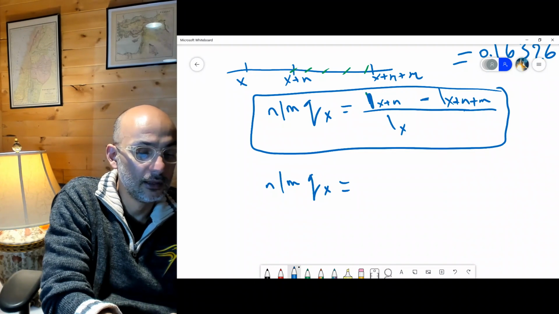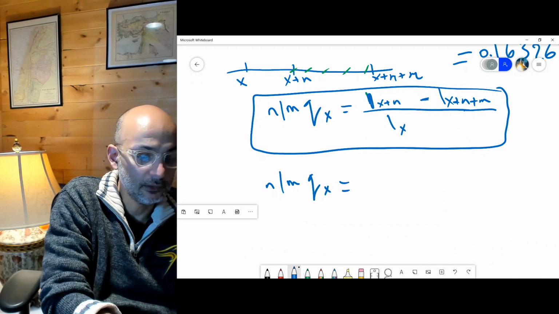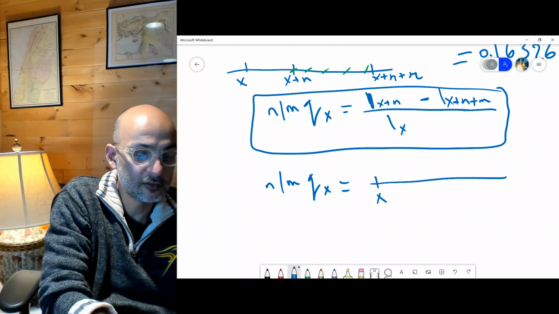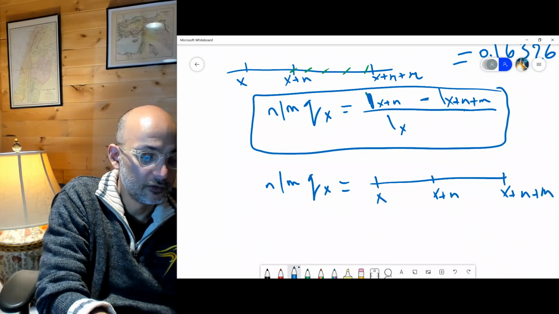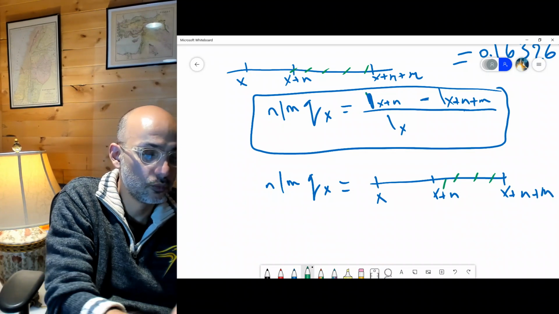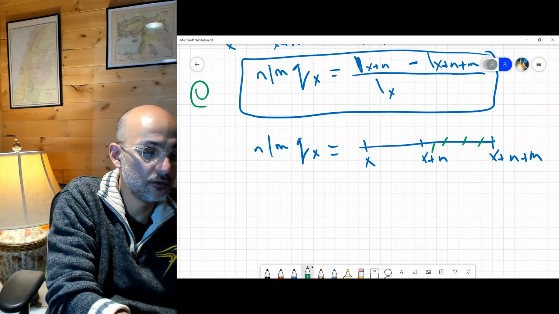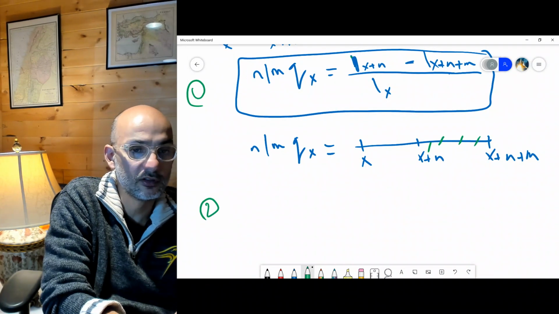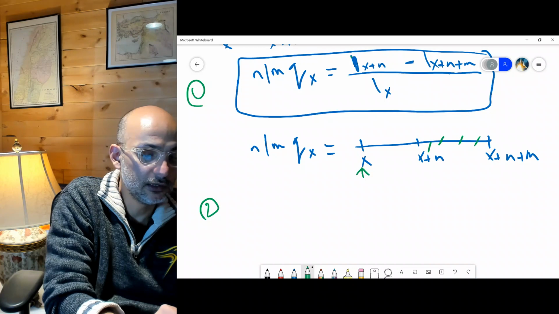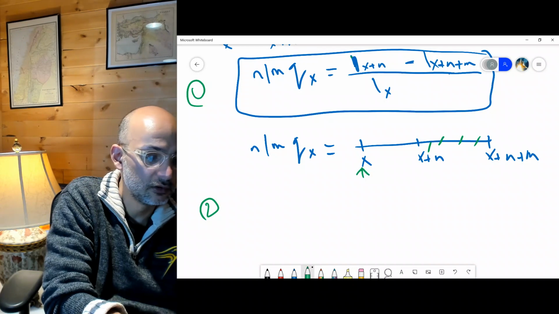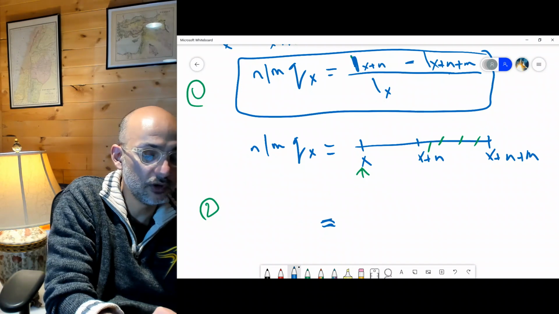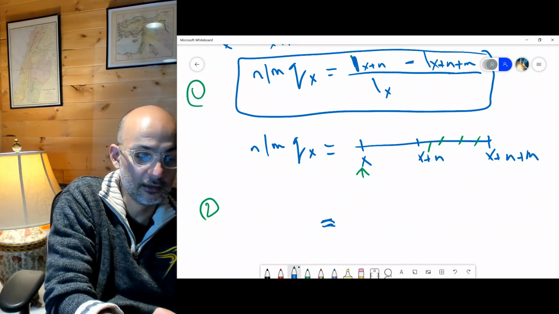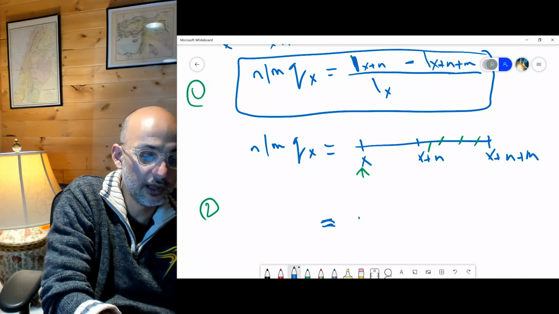There are other formulas obviously for n|mqx. Let's visualize it one more time: x plus n plus m. So the death here, this is one way to calculate it. We also previously looked at alternative ways: for an individual, you need to survive first to x plus n for somebody age x, so npx.